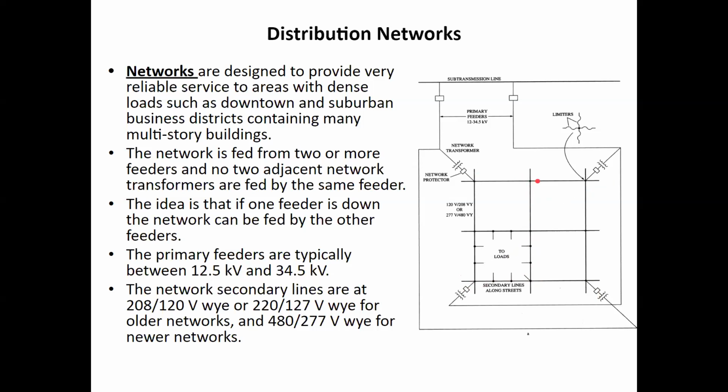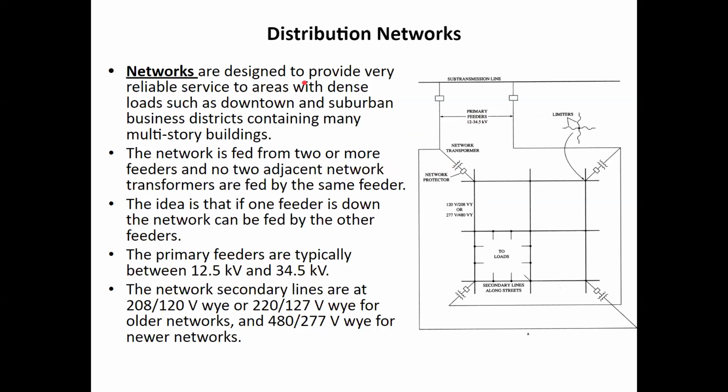If you close to this side, it can take power from here. Like this, if there are 10 feeders, every load in the city can be supplied from any of these 10 primary feeders. Like this, it will be a network of these primary feeders and secondaries. This type of system is called a network.